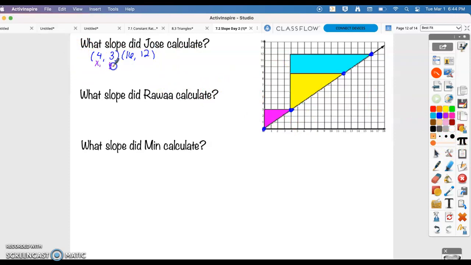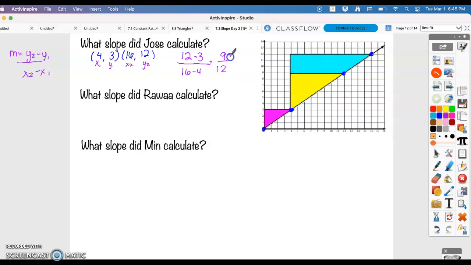So those are Jose's points, and I'm going to figure out his slope using our formula. So x1, y1, x2, y2, and then I'm just going to write that formula over here: y2 minus y1 over x2 minus x1. All right, so we've got 12 minus 3 over 16 minus 4. So 12 minus 3 is 9. 16 minus 4 is 12.